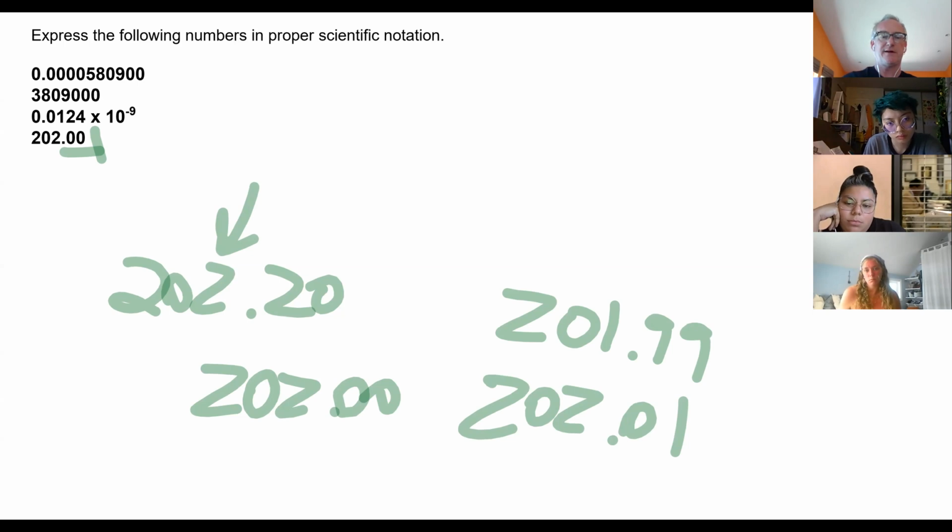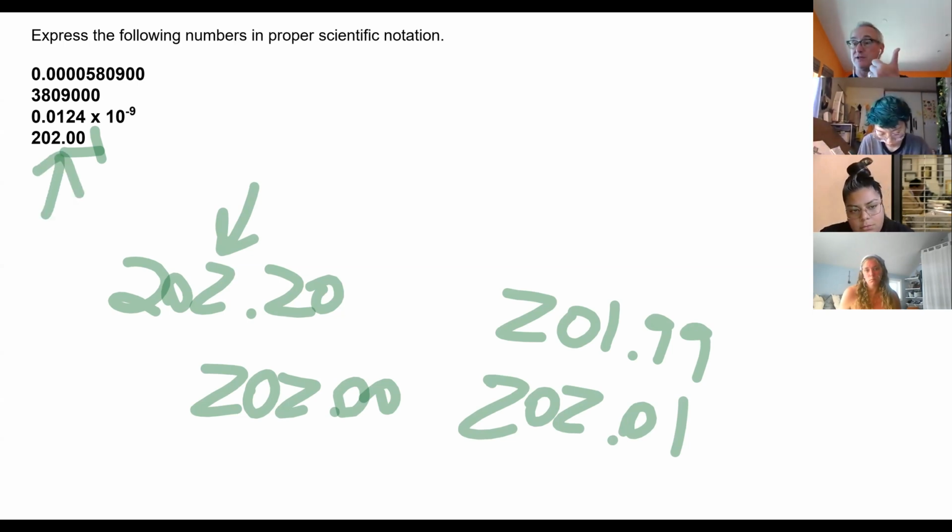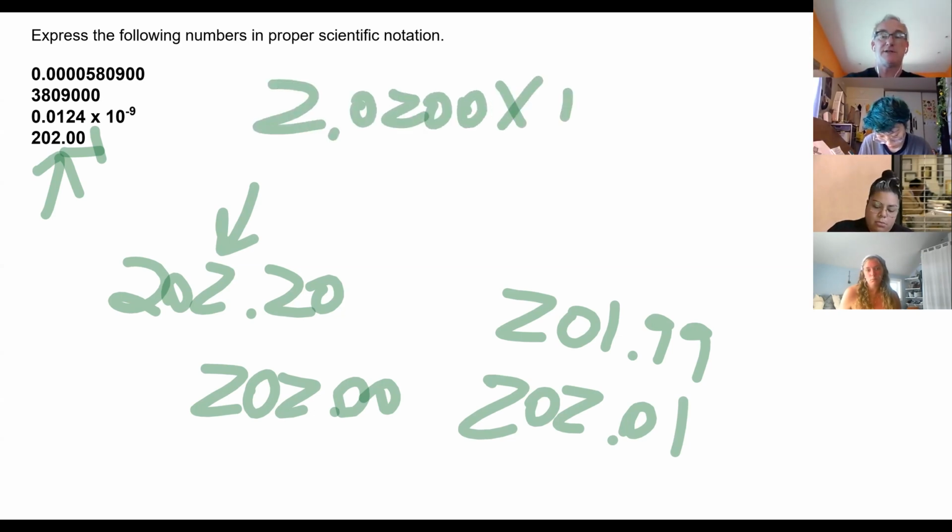So those 2 zeros mean that measurement was done with that amount of precision, and we have to show that when we give it in scientific notation. So we write all the numbers down. So 2.2000 times 10 to the how many? Second. 2, right, because we move it 1, 2 to make 200.